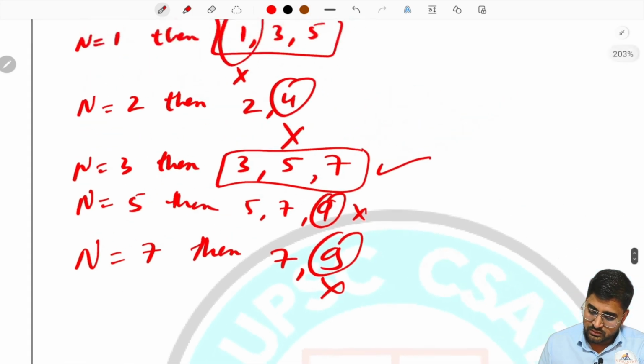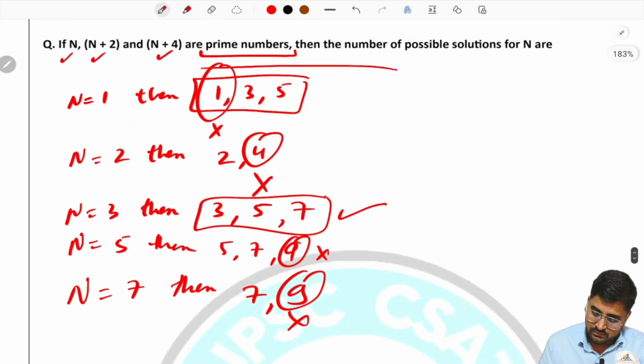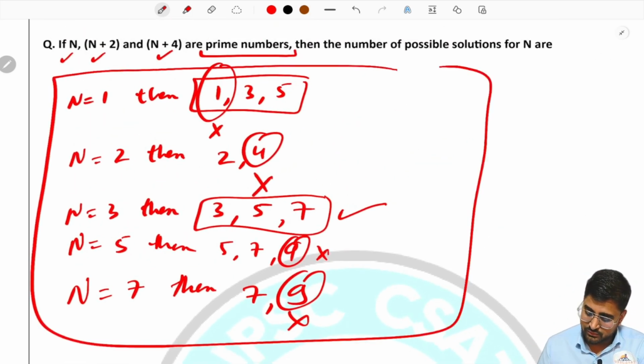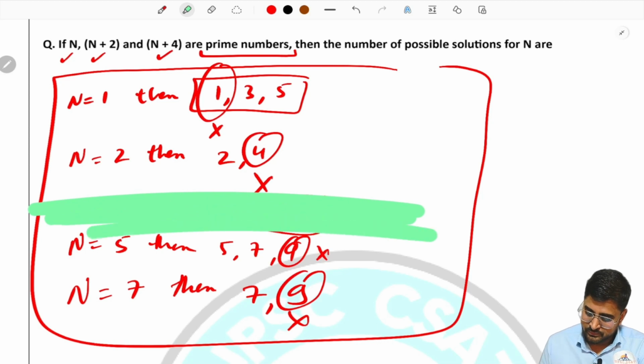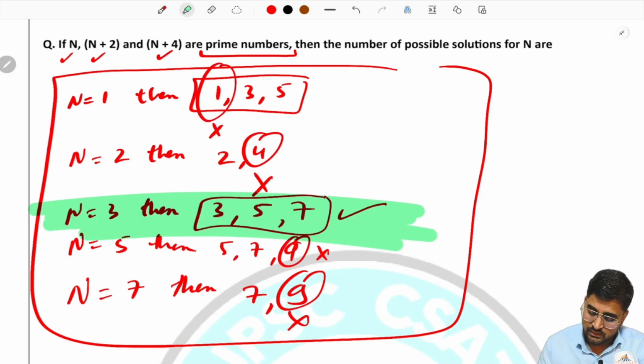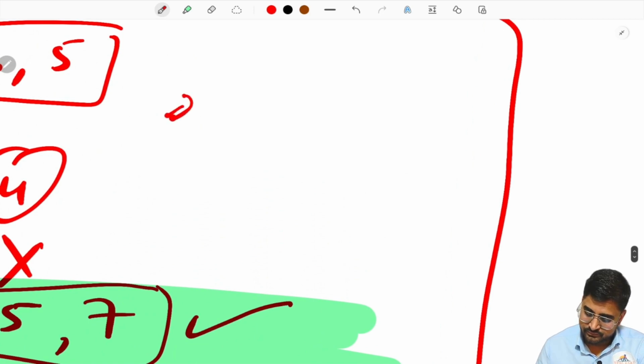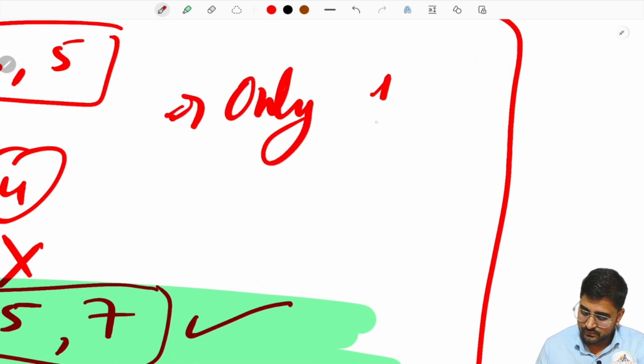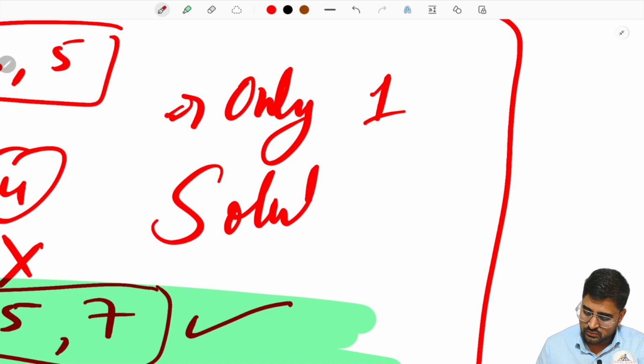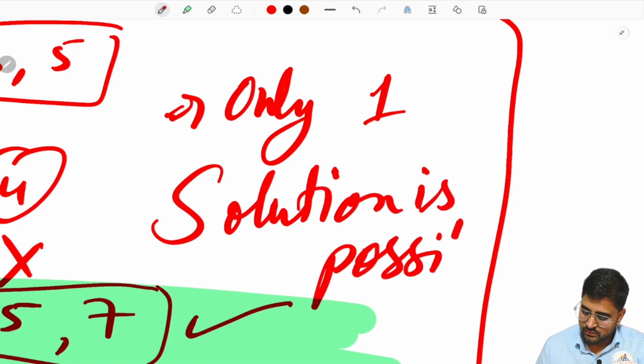So the only prime we have seen is this. Only one solution is possible.